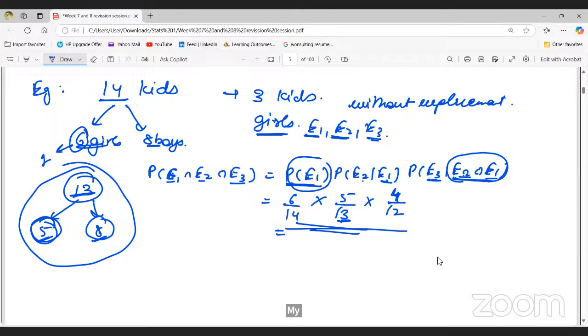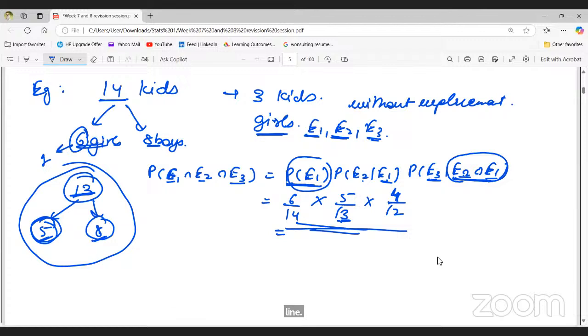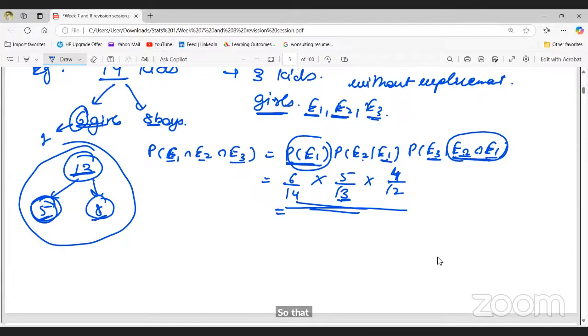With replacement, if you're selecting one kid and that kid is a girl, that girl you have taken out, you would be replacing her, meaning she would be put again into that line. So if it's with replacement, then the number of kids would be the same only.